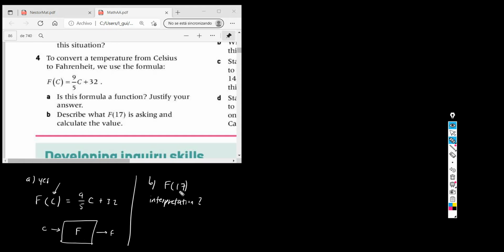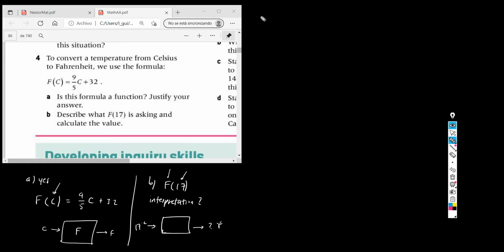Then what this symbol means is how many degrees Fahrenheit correspond to 17 degrees Celsius. Basically, it's the transformation of 17 degrees Celsius into its corresponding degrees Fahrenheit. That's what this means.